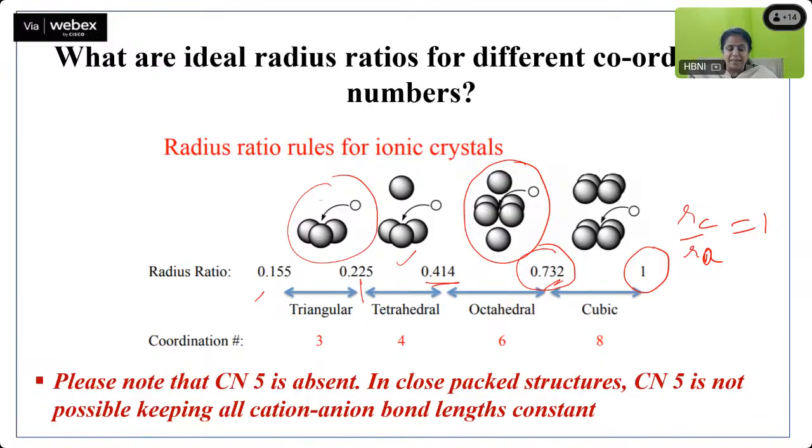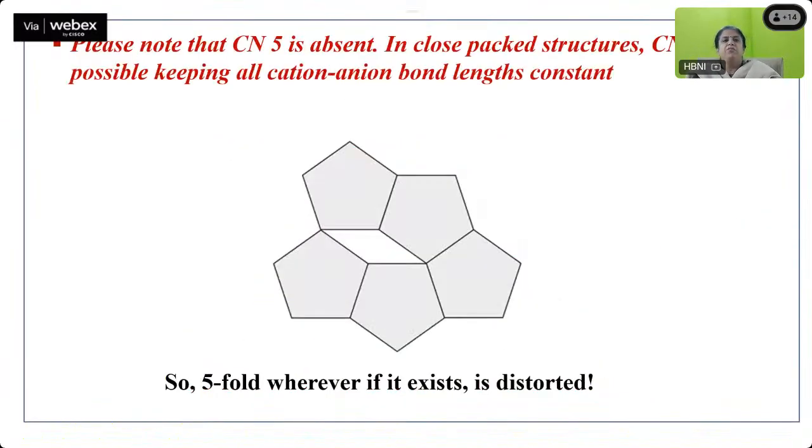The reason is, when you have a coordination number of 5, the cation is somewhere in the center, and it is possible to have these 5 anions as equal.